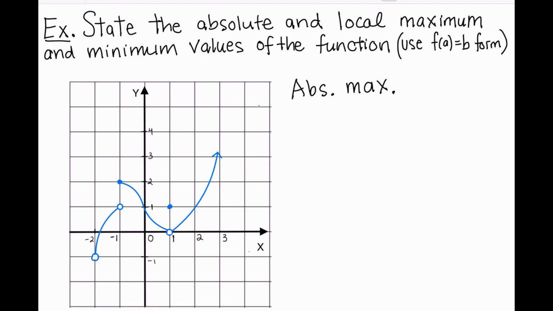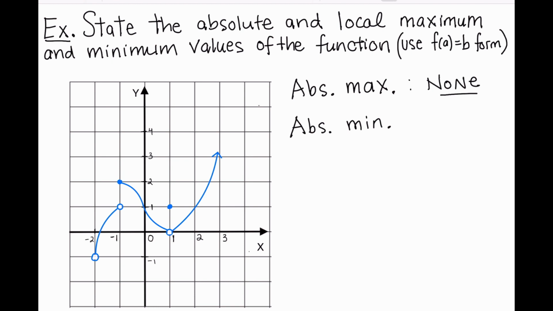My eye is immediately drawn to the highest point, which looks like it's here, but there's an arrow on the graph, which tells me that this graph keeps going up in this direction. And because of that, there is no absolute or global maximum.